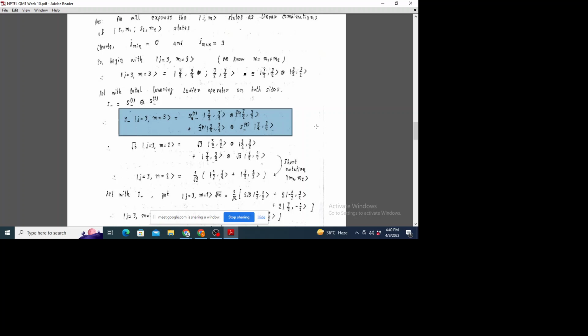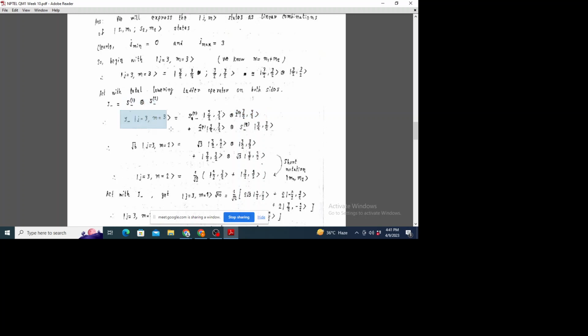So this is the meaning of the direct sum. They do not act simultaneously; you may have thought that S1 minus will act here, direct product S2 minus will act here. That is not the case. This is the meaning of the direct sum.